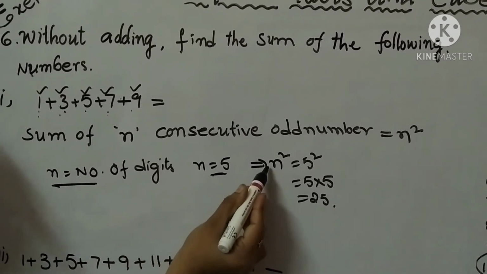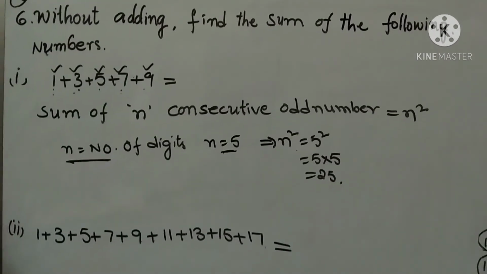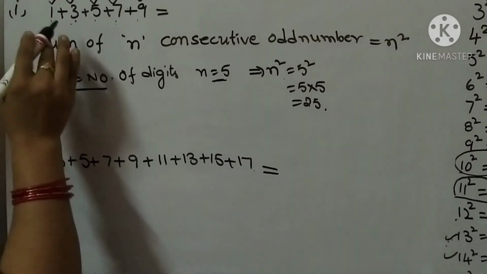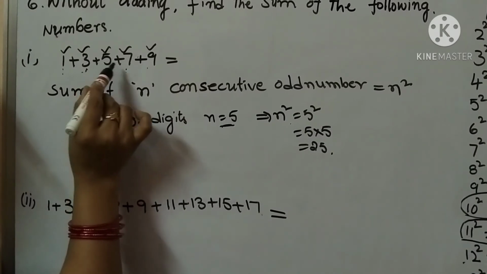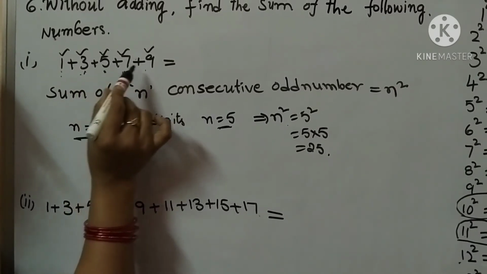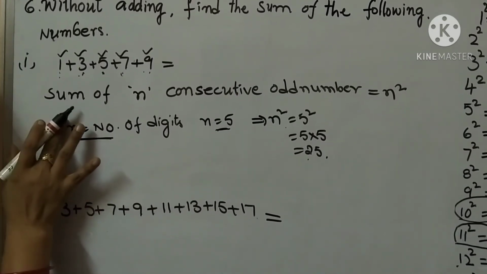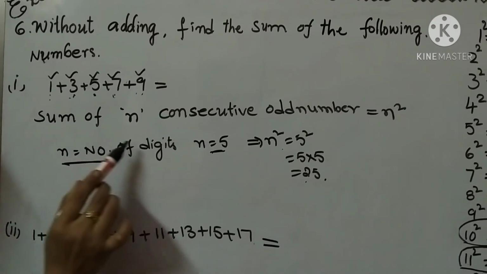By substituting in the formula, n square equals 5 square, 5 fives are 25. Once observe that by adding, 1 plus 3 is 4, 4 plus 5 is 9, 9 plus 7 is 16, 16 plus 9 is 25. But we do it without adding, using the formula.